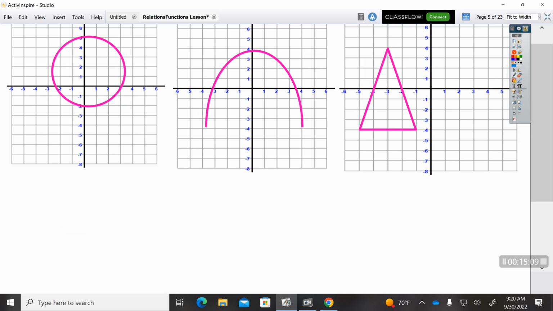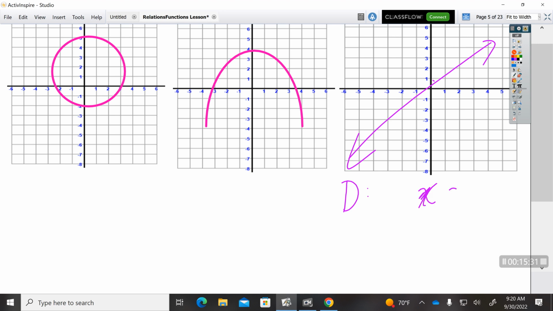Now let me show you. I'll go back, but let me show you something first. Look at this. How about a line like this? Watch. What is the domain? Does it ever stop going to the left? Does it ever stop going to the right?